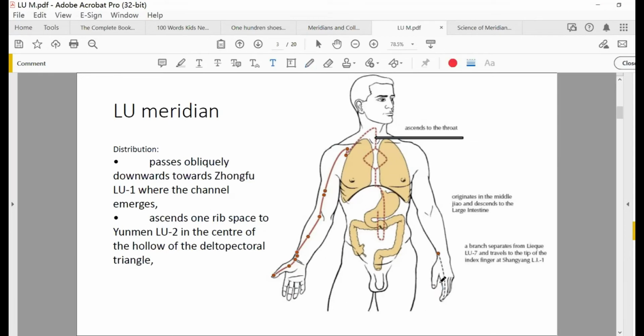But we know it's on the thumb. And in this position, it will make it easier to understand. The thumb is in the front. So the meridian's position is anterior. Anterior means the front.